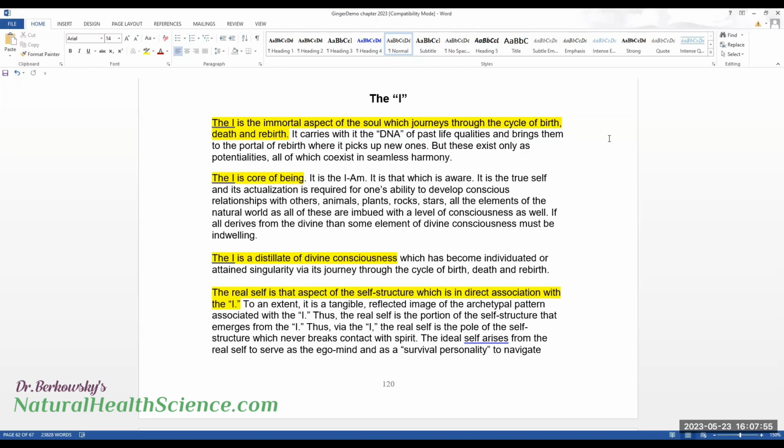So your job is to do the best you can as an artist to paint that portrait.